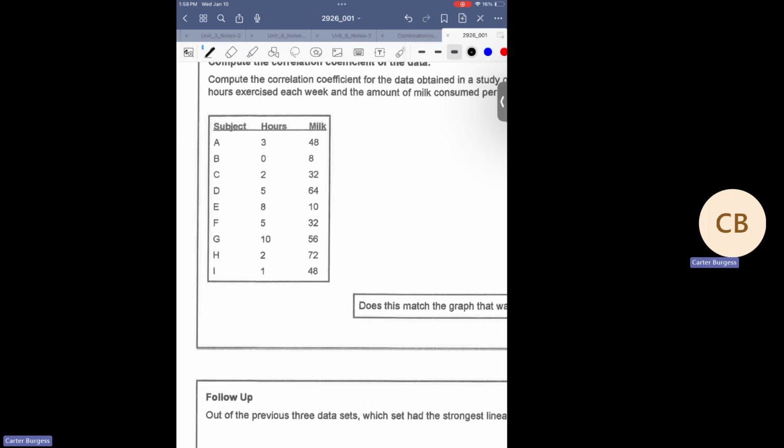Are we able to? Yep, yeah. We good. Perfect. Very nice. Very, very good. And does that make sense with the data that we saw?